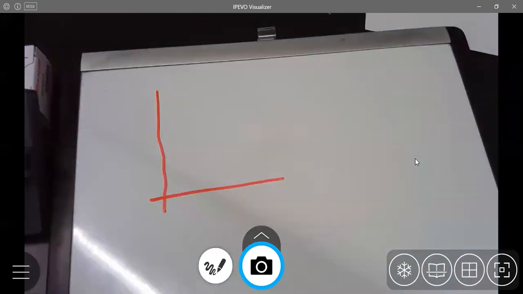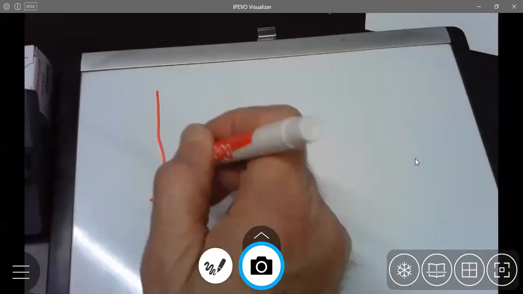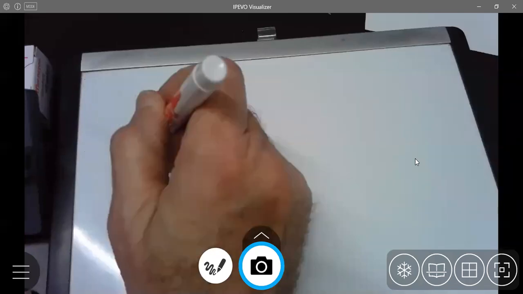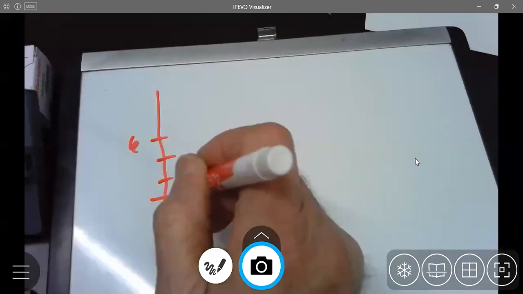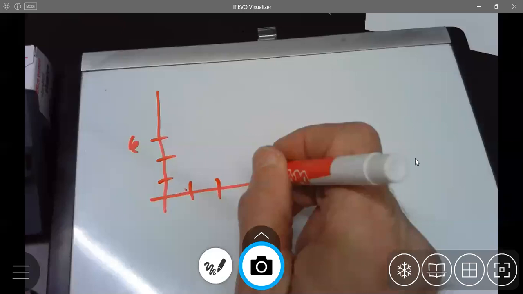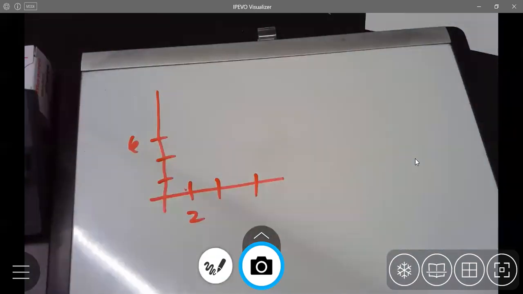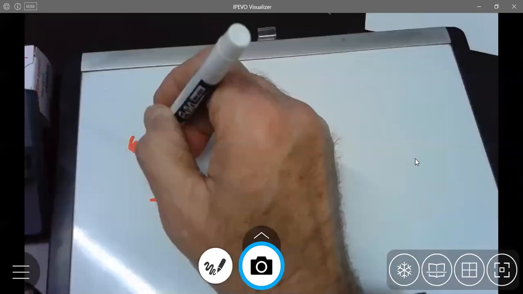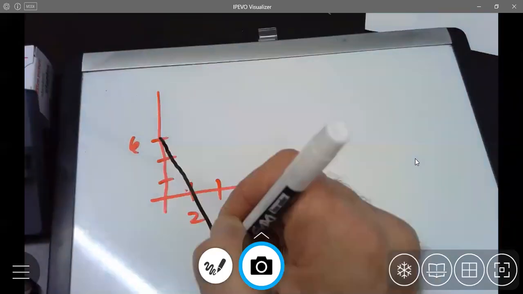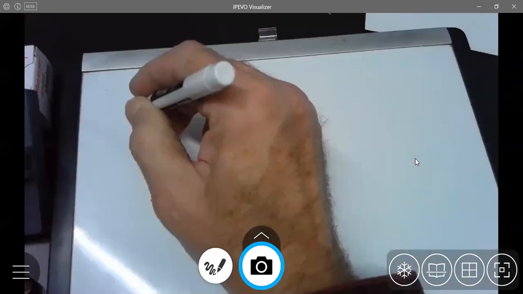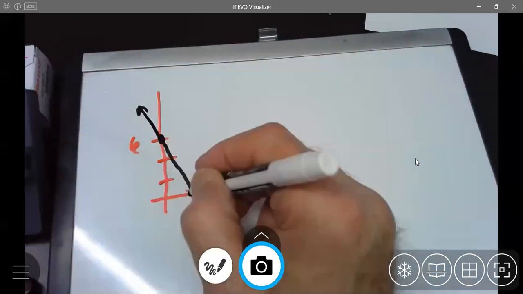This is 2, 4, 6, and this is 2, 4, 6 this way. So the graph is a linear function, and this is our function f.